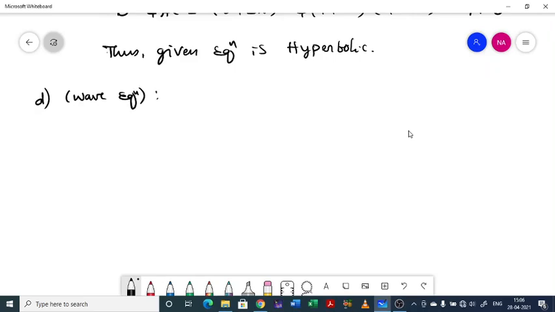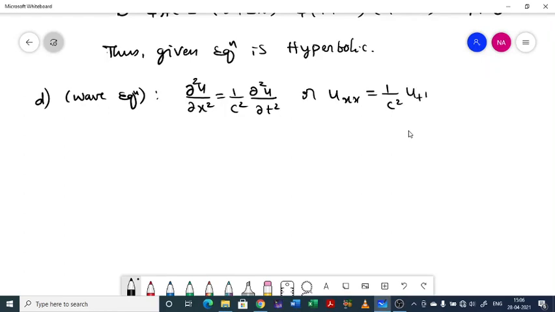The equation is ∂²u/∂x² equal to 1/c² into ∂²u/∂t². You can write this as u_xx equal to 1/c² u_tt. This equation can be written as c² u_xx minus u_tt equal to 0. So here A is c², B is 0, C is minus 1.